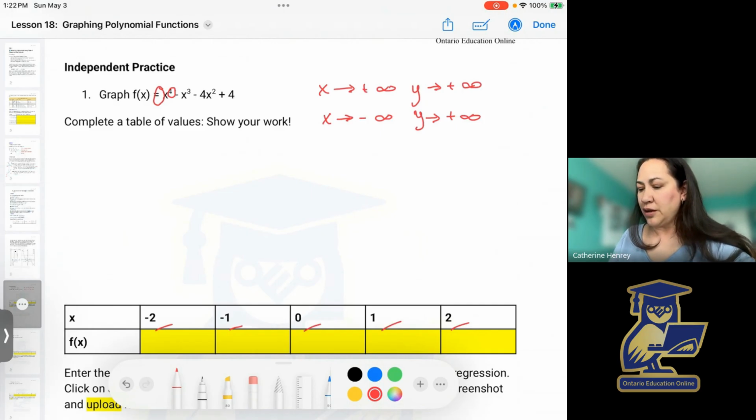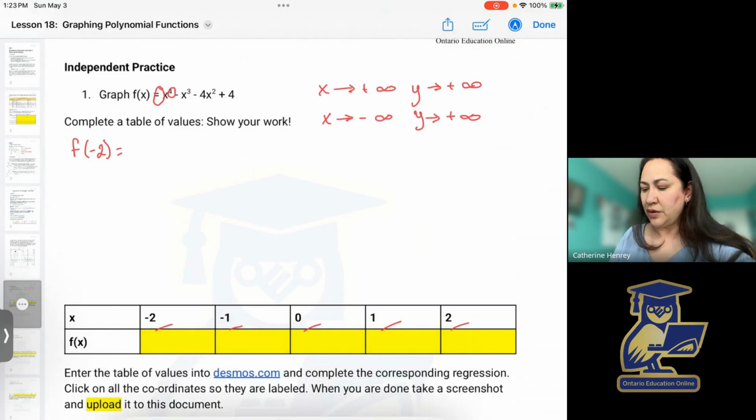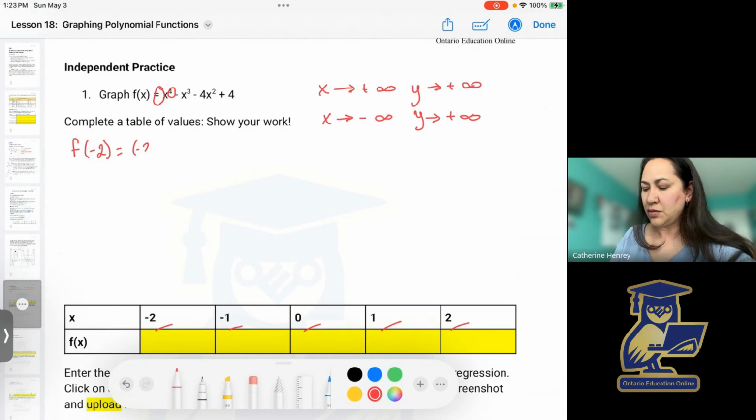And so we are going to first evaluate the function at -2. In which case we use our brackets, and we'll have -2 to the power of 4 minus -2 to the power of 3 minus 4 times -2 squared plus 4.